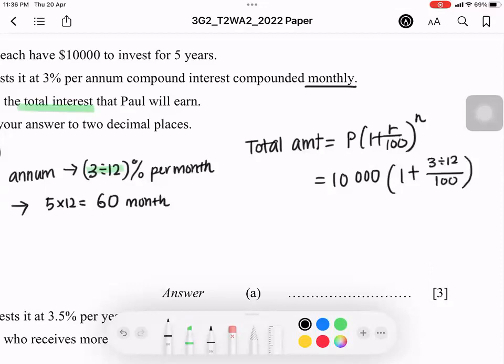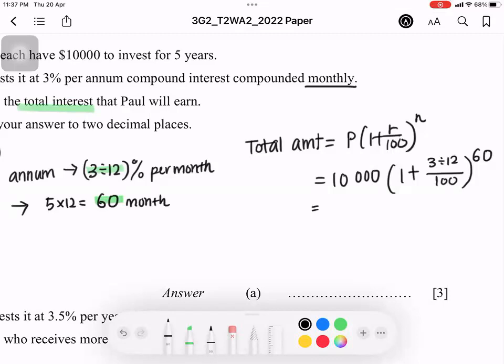Now, the last time we did in class, some of you didn't know how to do a fraction and you got the answer wrong. So I'll just do 3 divided by 12. And then the number of months is 60 months. So we get this value: 10,000 bracket 1 plus 3 divided by 12 over 100 to the power of 60.